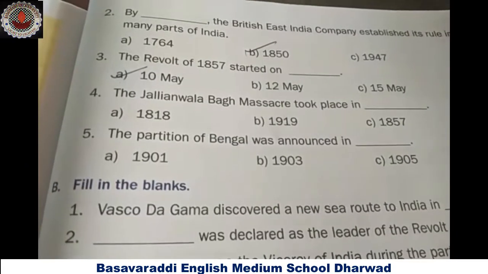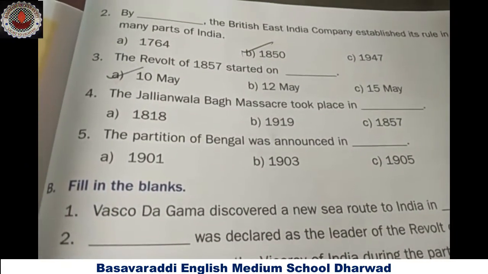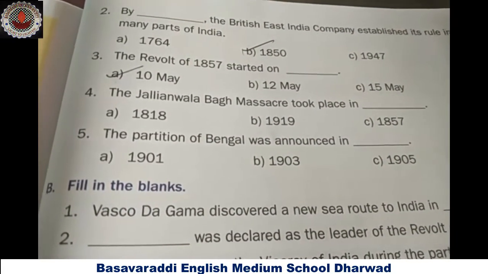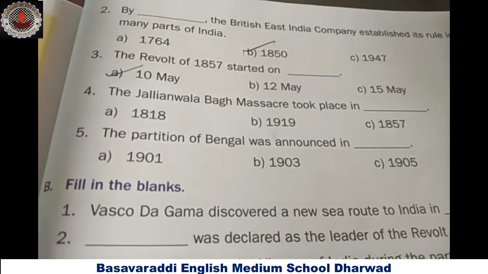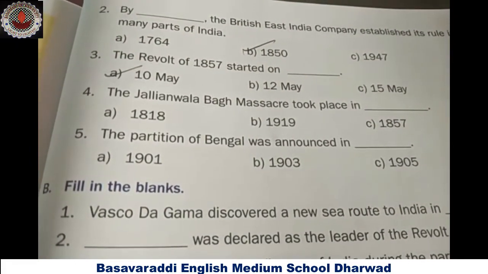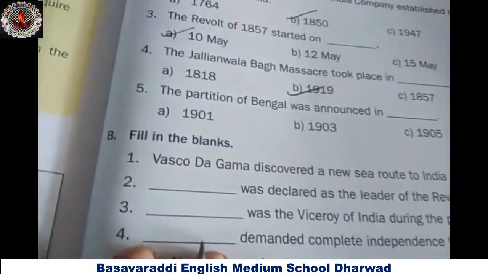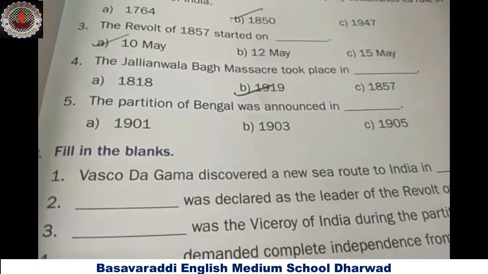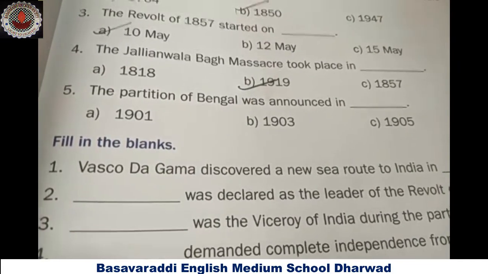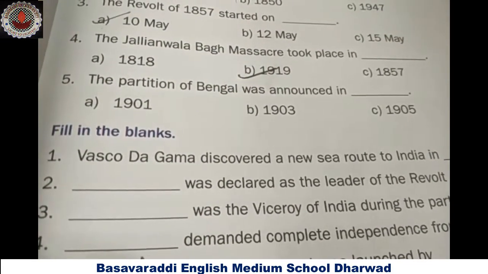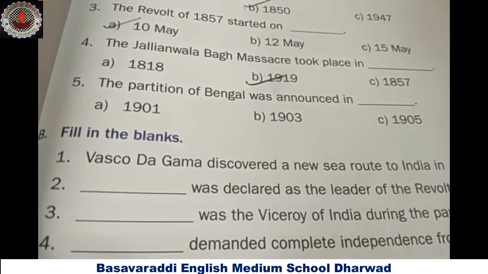The Jallianwala Bagh massacre took place in 1919. Fifth question. The partition of Bengal was announced in 1901, 1903, 1905. 1905 is the right option.